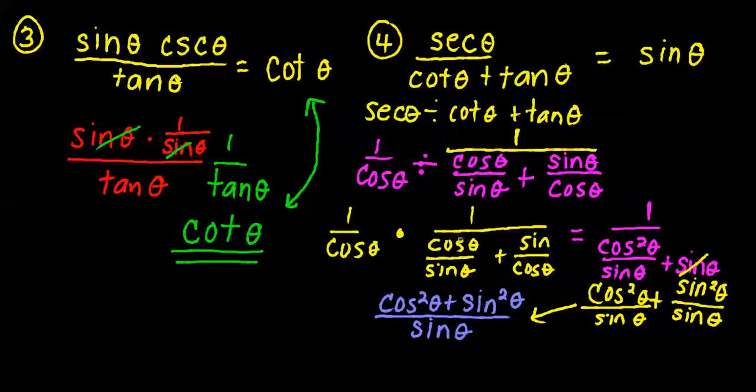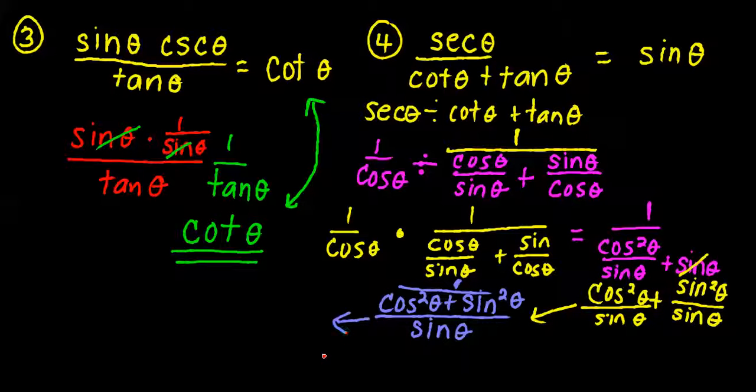Perfect. So what I can do is just 1 over all of this divided by sine, and that is equal to this.